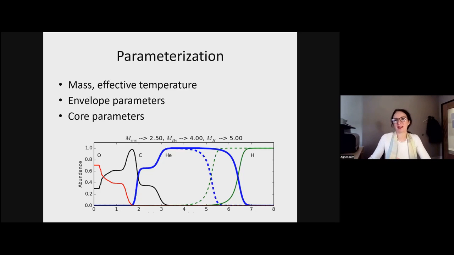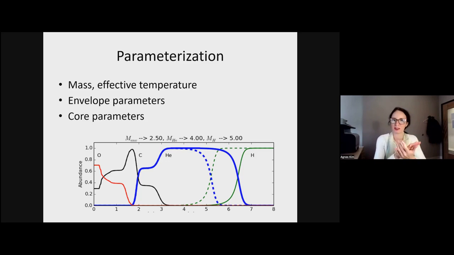So as a brief background on parameterization, I'm doing my work with the White Dwarf evolution code, WDEC, and the parameterization that I do is, I don't want to call it standard. I do it differently, but you've seen those profiles already today. So just to summarize, mass and effective temperature are parameters.